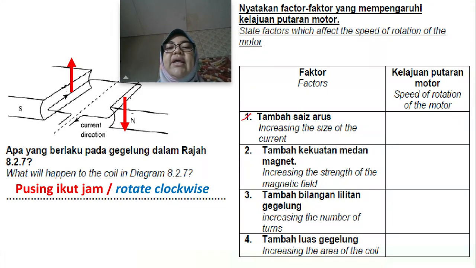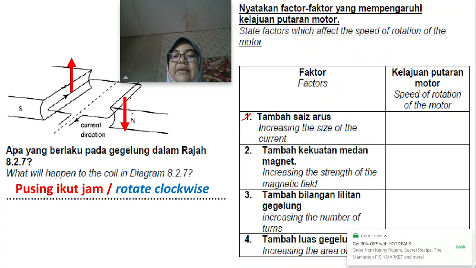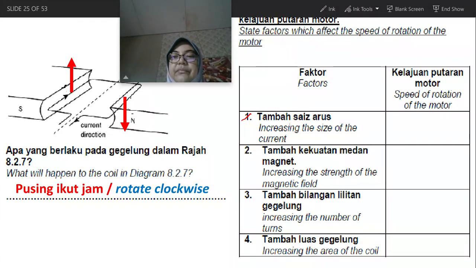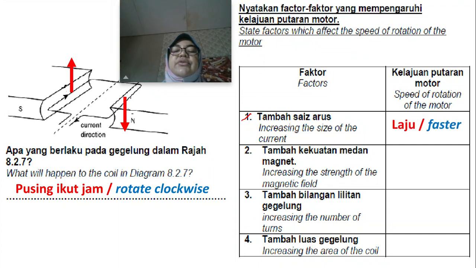Okay, number one, increase the size of current. Okay, we know that when current increase in a circuit, the magnetic field lines will also increase. So when the magnetic field line increase, so we will get bigger forces. Okay, so the rotation of the coil will become faster.